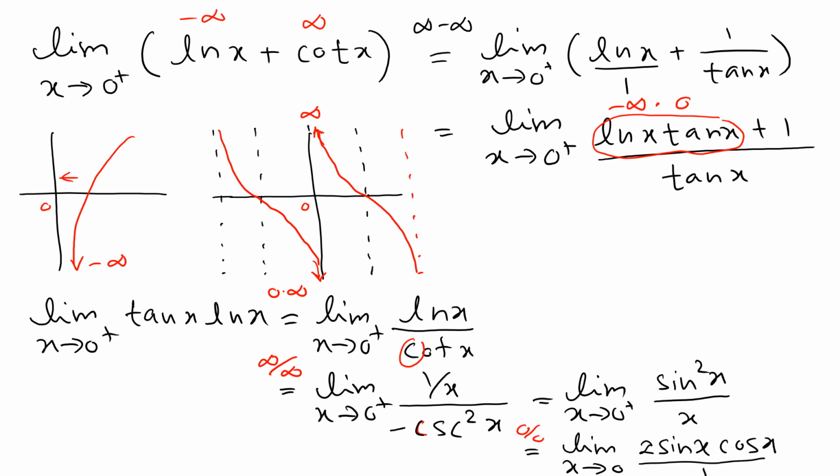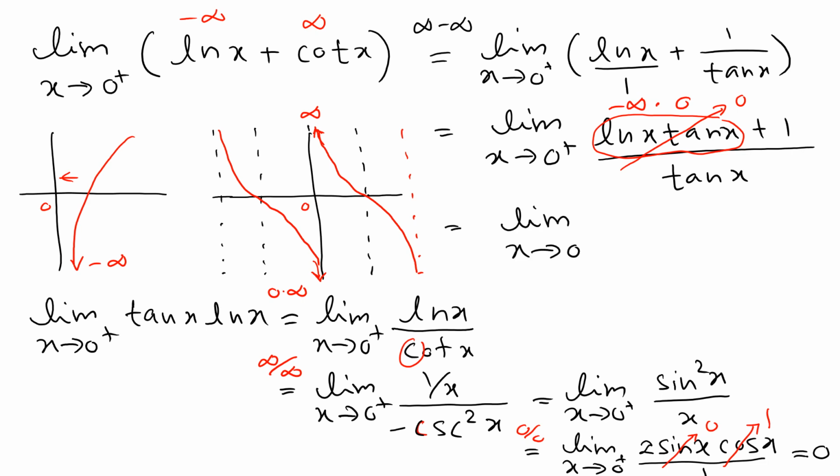Now when x goes to 0 plus, this term goes to 1 and this term goes to 0, so the whole product goes to 0. That's a quick way to do it. You can also do the previous method, but this is much quicker. So the limit of that term is 0, and this problem becomes very similar to the previous problem we did.